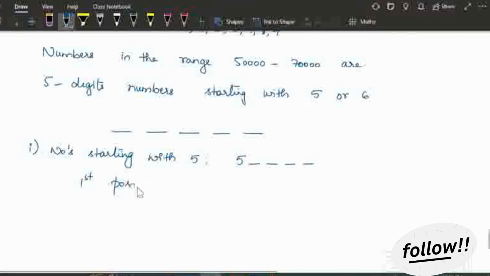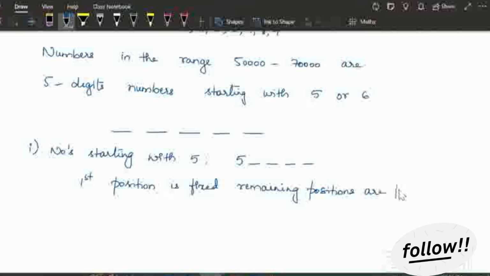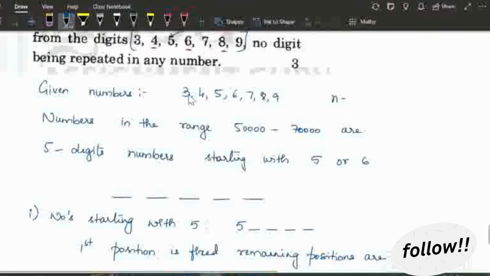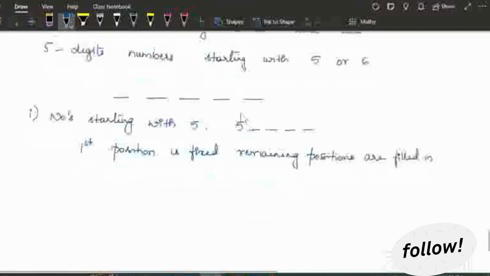First position is filled with 5. For the remaining positions, we have 1, 2, 3, 4, 5, 6, 7. 7 digits are there. Out of this, 5 is taken here.